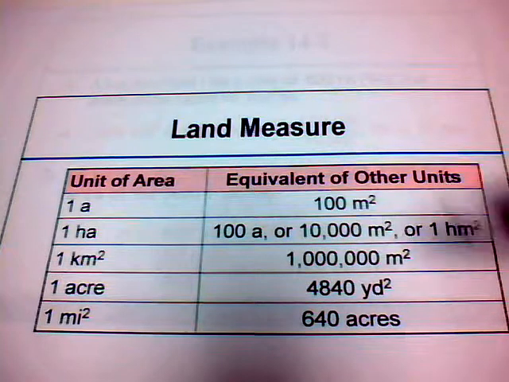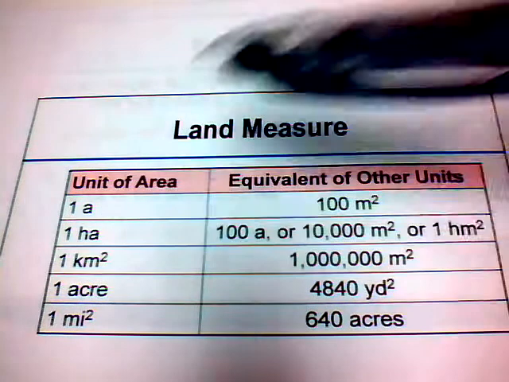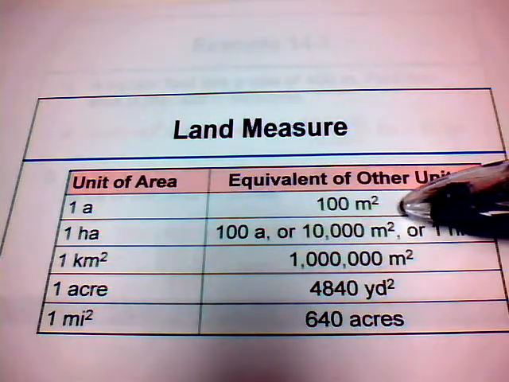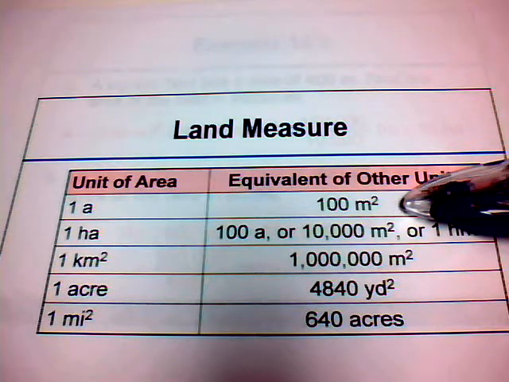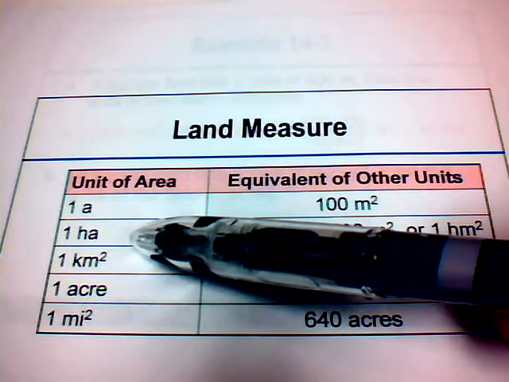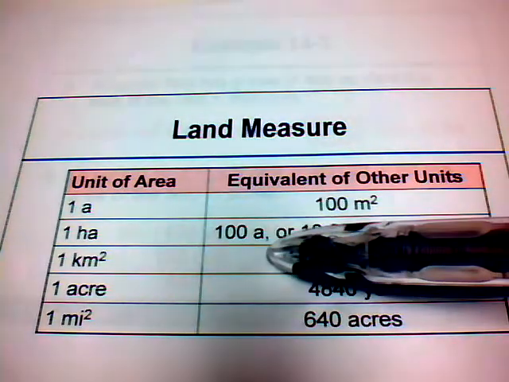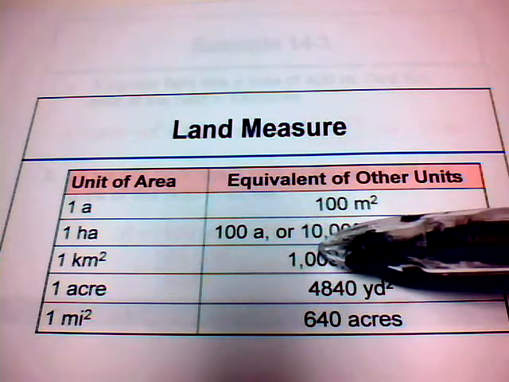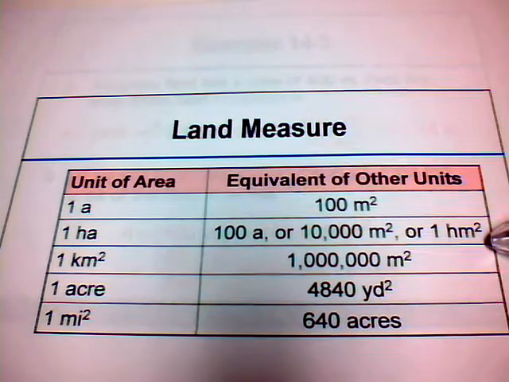1 are, which is abbreviated with a lowercase a, that's equivalent to 100 square meters. So 100 square meters is going to be 1 are. 1 hectare, which is abbreviated ha, that's going to be equivalent to 100 ares, or we can say 10,000 square meters, or 1 square hectometer.